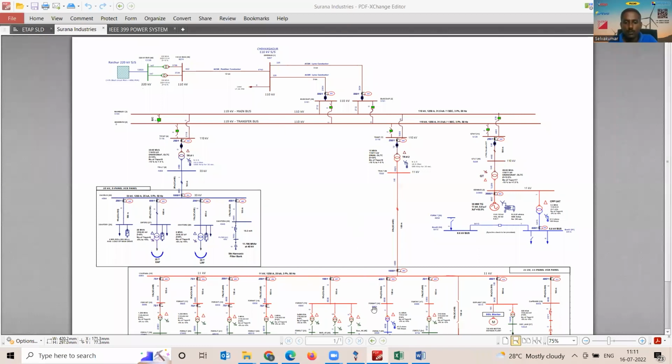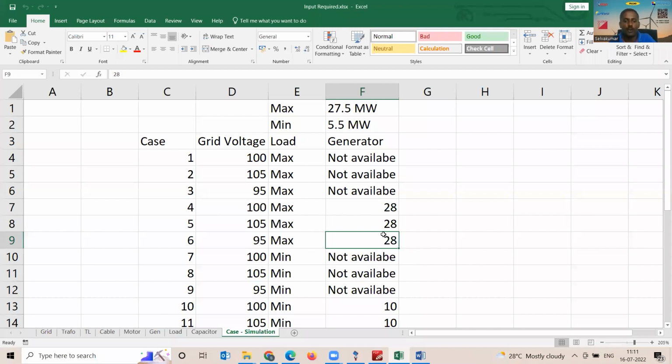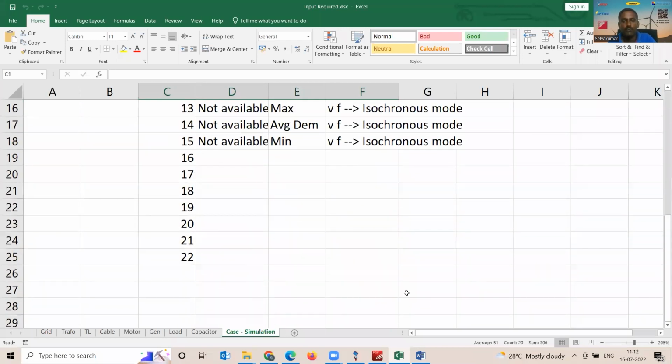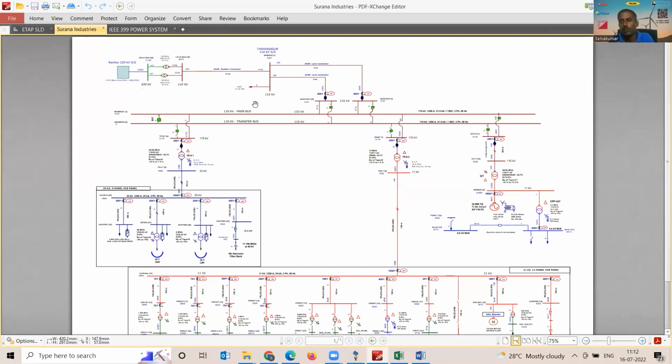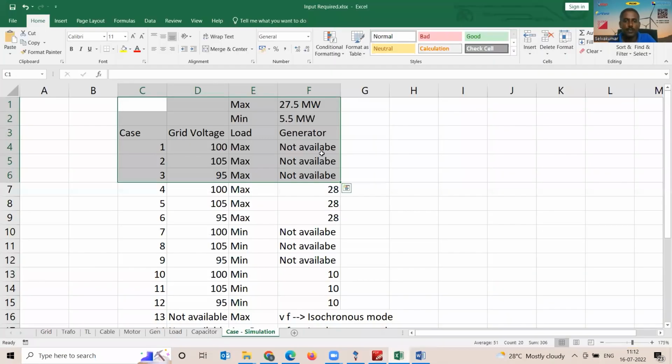Then you need to look at what cases you need to perform. I'm not sure how many cases you framed for this study. When you're performing only load flow, you can perform multiple cases with the grid voltage, with the load, with the generator available or not available, etc. Right? 100% grid voltage, 105% grid voltage, 95% grid voltage.